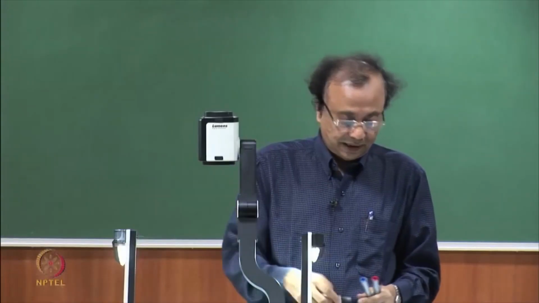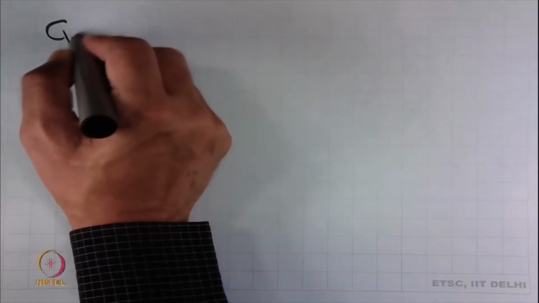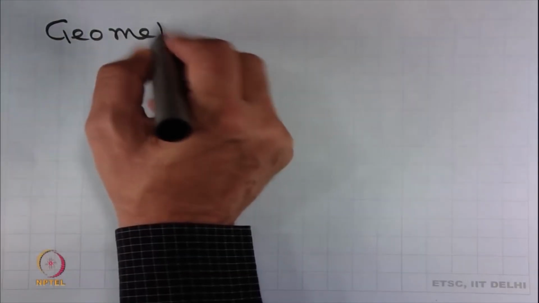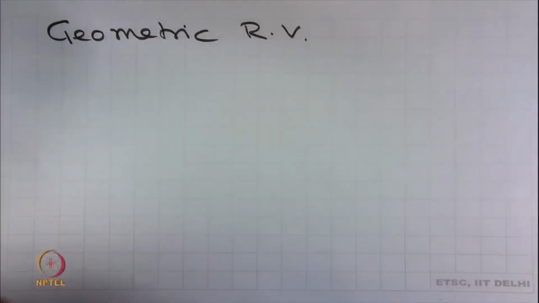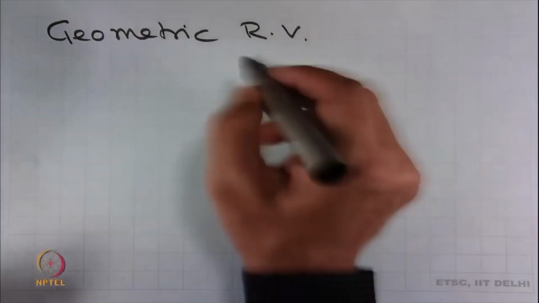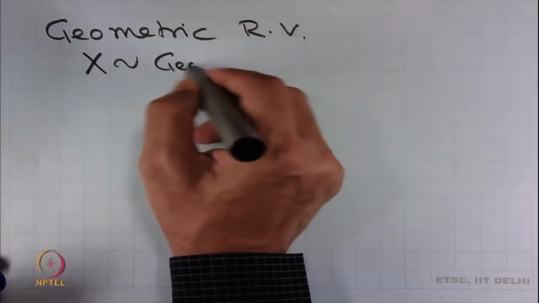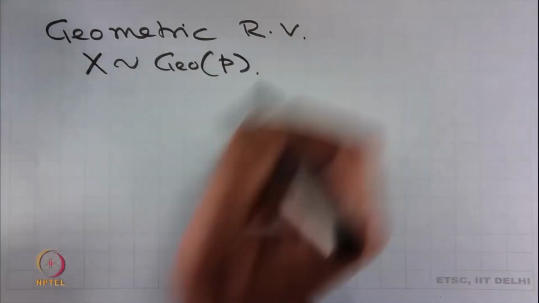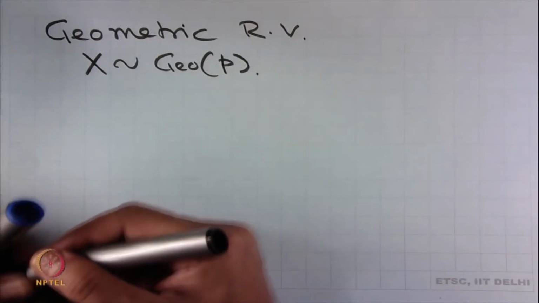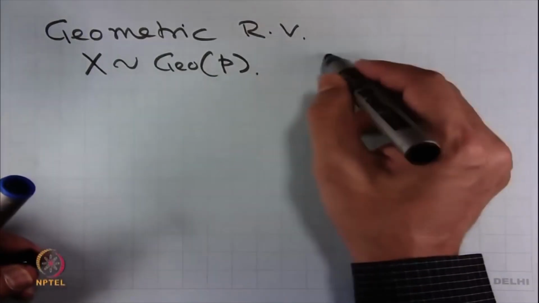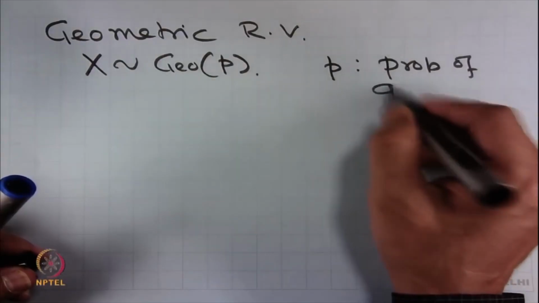Now, I will consider another discrete random variable, which is called geometric random variable. It also has one parameter p. Like binomial, here also we look at tossing a coin, and p is the probability of getting a head.